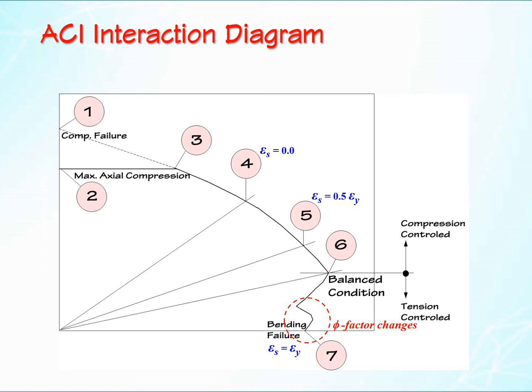And this slide is a summary of what I have explained. Once again, this point represents compression controlled, and this point represents bending failure or tension controlled. If it's tension controlled, your phi factor is 0.9. If it's compression controlled, your phi factor is 0.65, if it's a tied column.